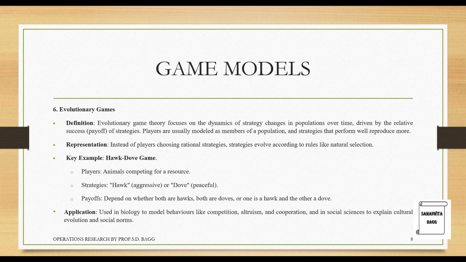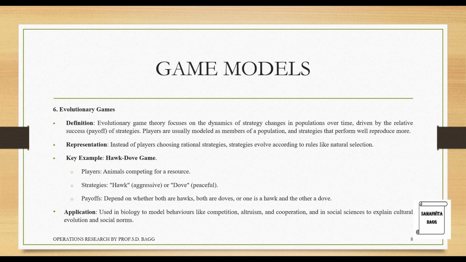Players are usually modeled as members of a population, and strategies that perform well reproduce more. Representation: instead of players choosing rational strategies, strategies evolve according to rules like natural selection.